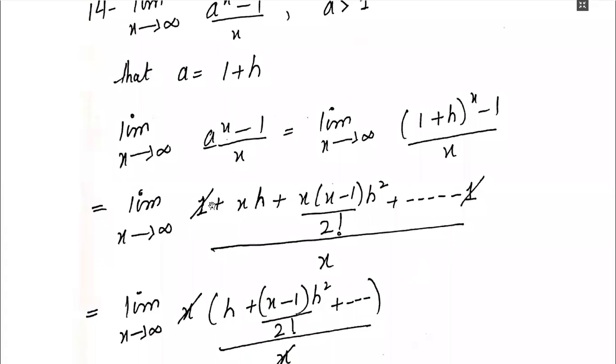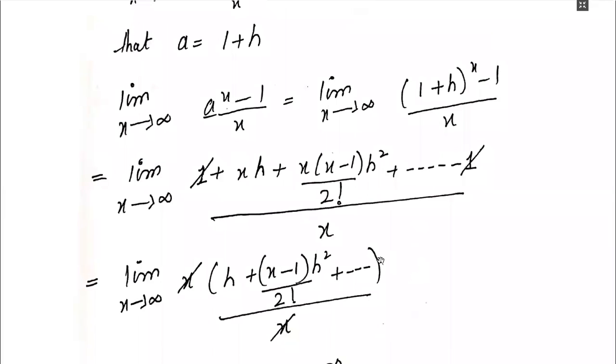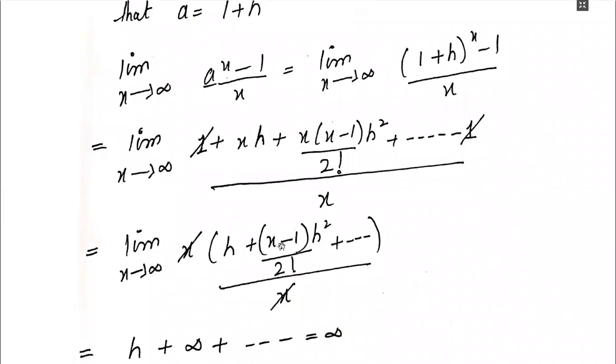Now the 1 and minus 1 cancel, and you simplify this. Here it is h plus (x-1)h^2/2 factorial and so on, and this x and x also cancel because x is common from here. Then when you apply limit x tends to infinity, h stays the same because h is constant, and here (x-1)/2 is infinity times h^2.